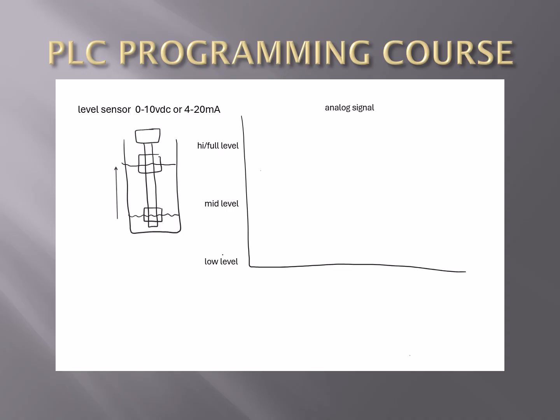Another type of analog output device is a level sensor, and it can be a 0 to 10 volt signal, 4 to 20 milliamp. As you can see here in this little diagram, you've got a tank with some water in it, and there's a low sensor and a high sensor. As that float switch floats up as the tank fills up, you would get a change to the analog signal.